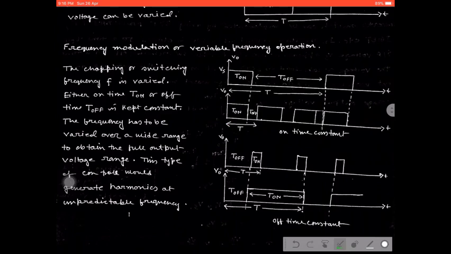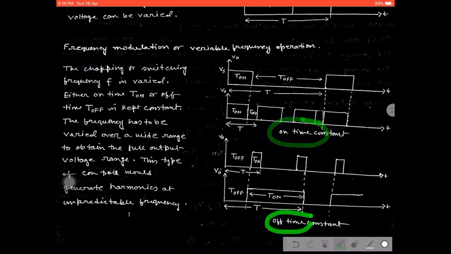So if we consider the frequency just like before, then in the first case one pulse is there, in which we will get the 3 pulses. That means this is called the frequency operation or frequency modulation. This is keeping on time constant.